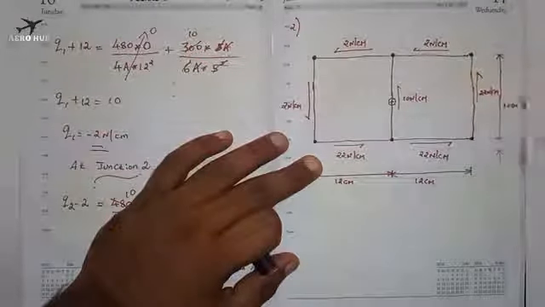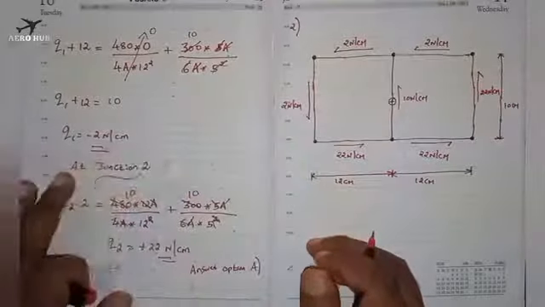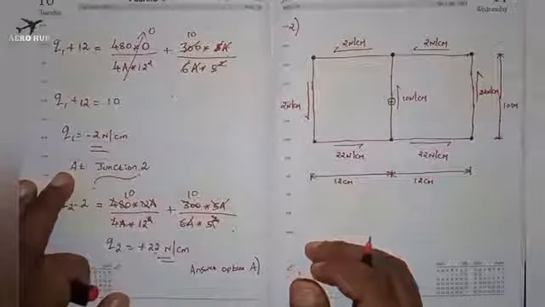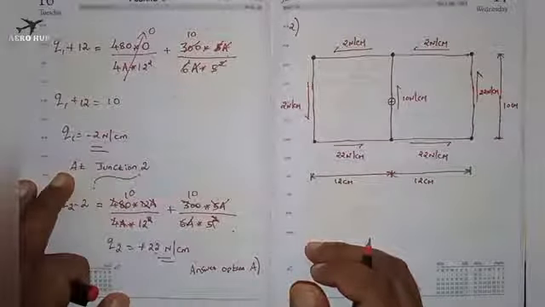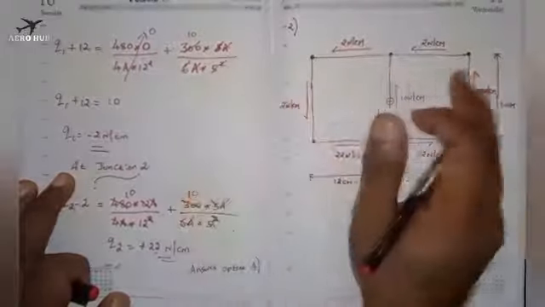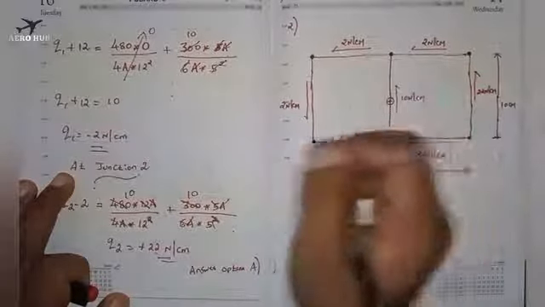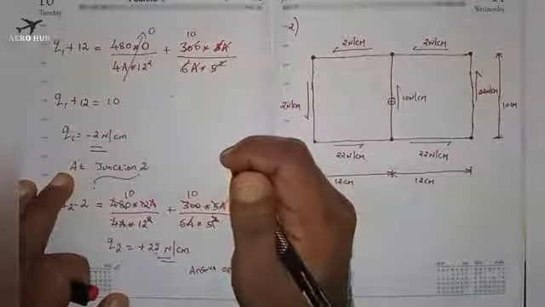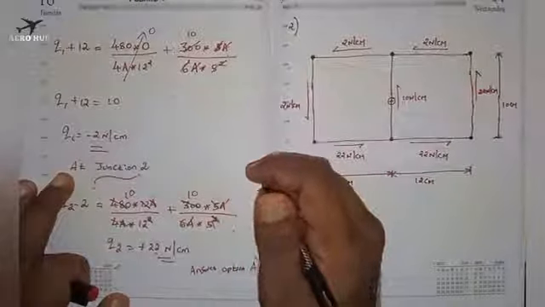per centimeter. Okay, now we have to find out the value of moment acting on this particular section of the beam, and they have told that we are applying the moment at the shear center. And also you have to understand this section is symmetrical about both horizontal and vertical axis, therefore the shear center will be lying at the exact center of the section.